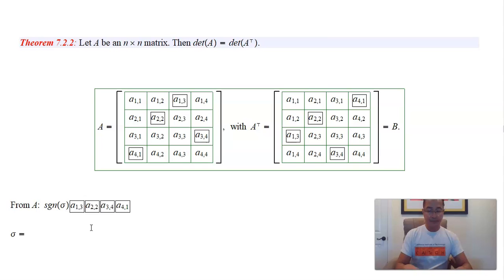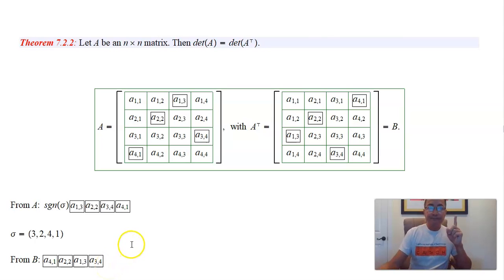Okay, who is sigma? That is the permutation 3, 2, 4, 1. Now how about from B? From B, we will have the term A41 from row 1, A2 from row 2, A13 from row 3, and A34 from row 4.